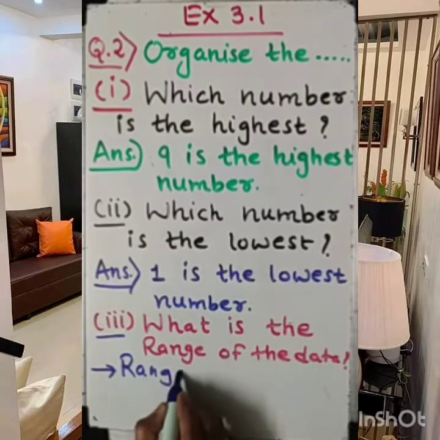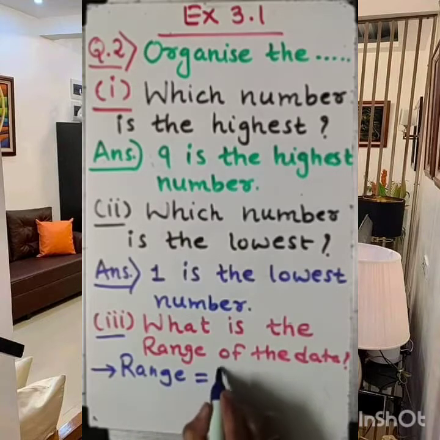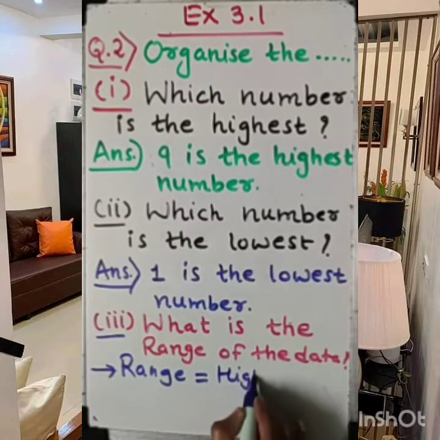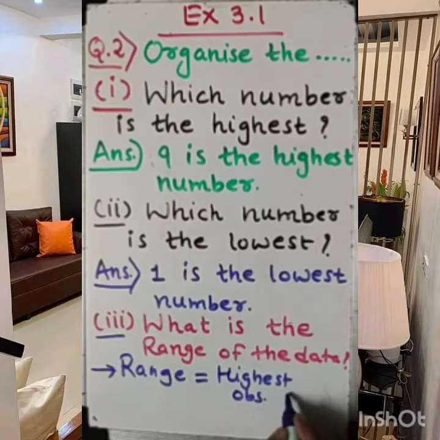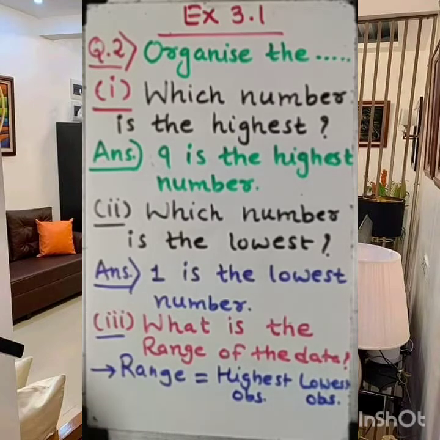Range equal to highest observation minus lowest observation. So the highest observation among all this is, we can see, that is 9.